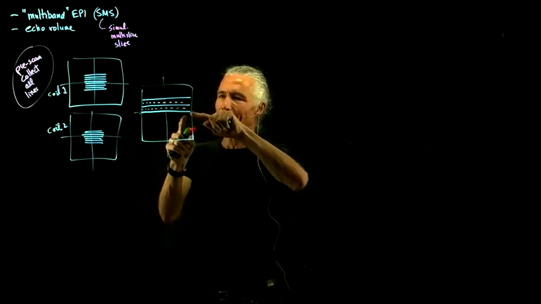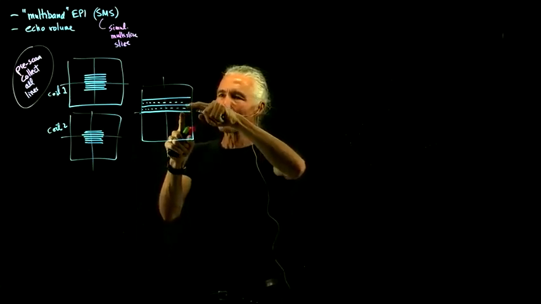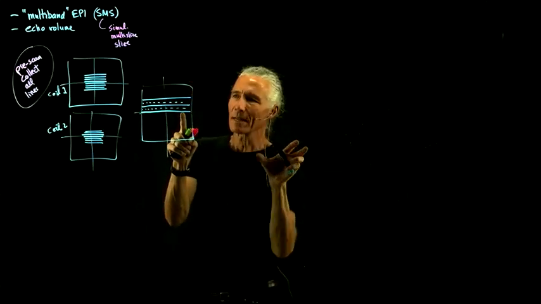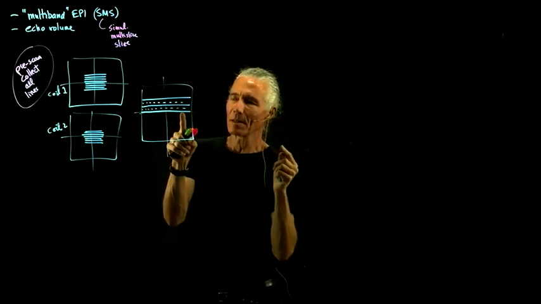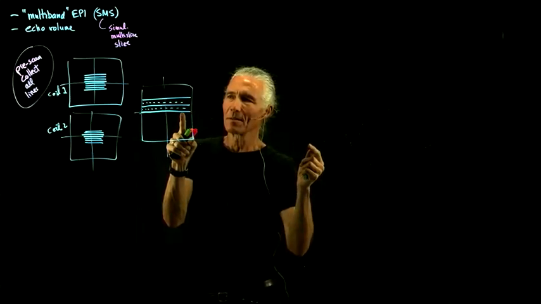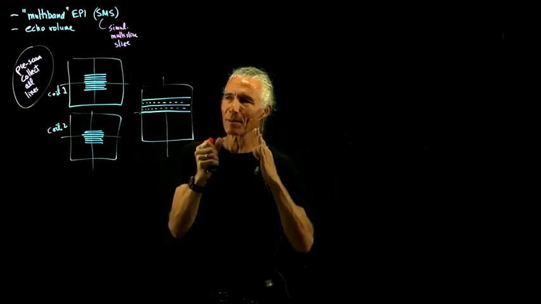And why is that? Well, we essentially undersampled the spatial frequencies. If you remember back to the k-space, if you don't sample the spatial frequencies closely enough, it causes the replicas to come in.